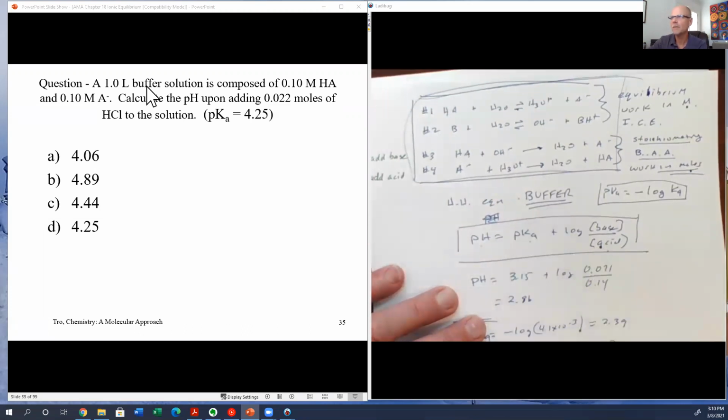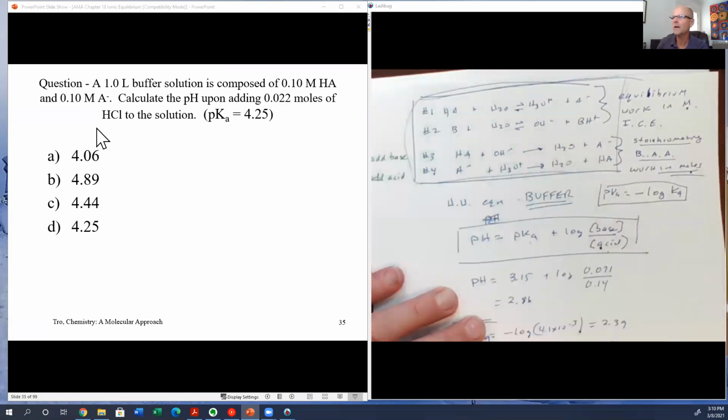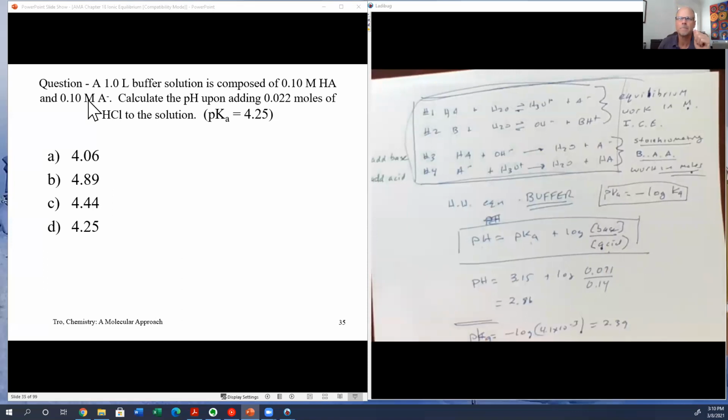And then these problems are, okay, I have a buffer, but in addition to that buffer, I'm adding acid or base to a buffer, right? I just broke up, so I stopped for a minute, and I'm going to repeat myself.